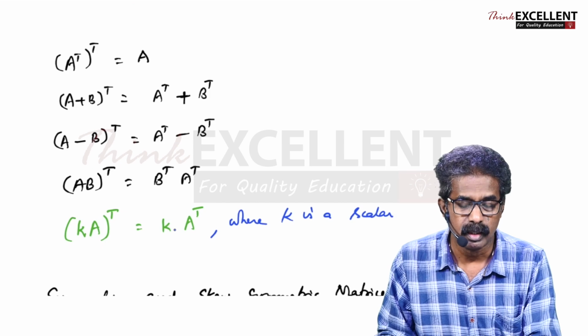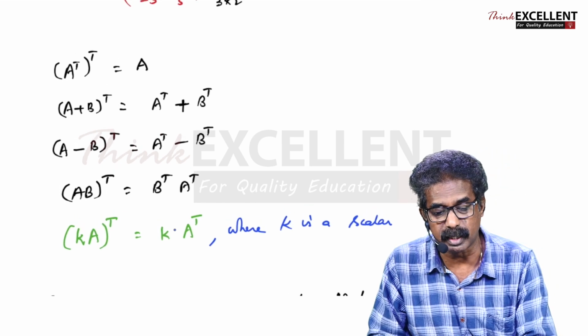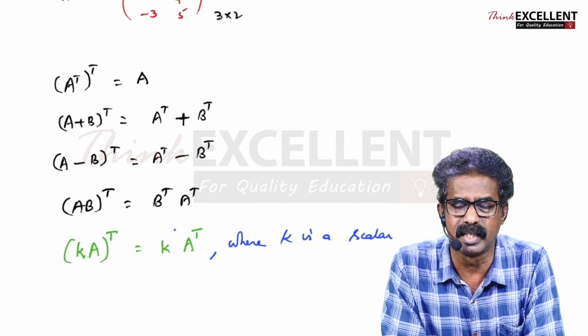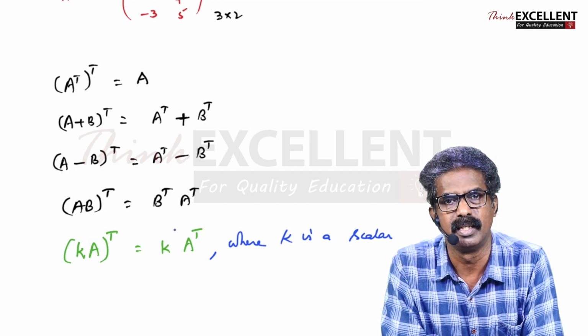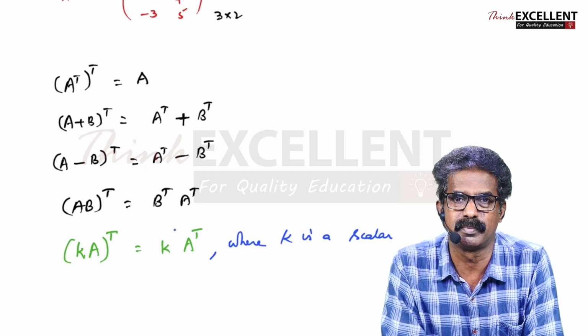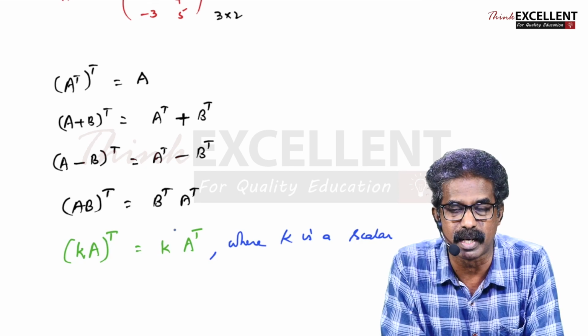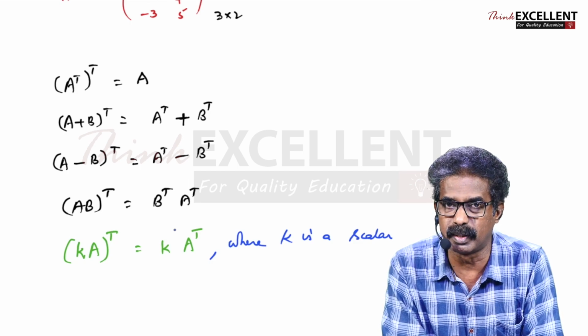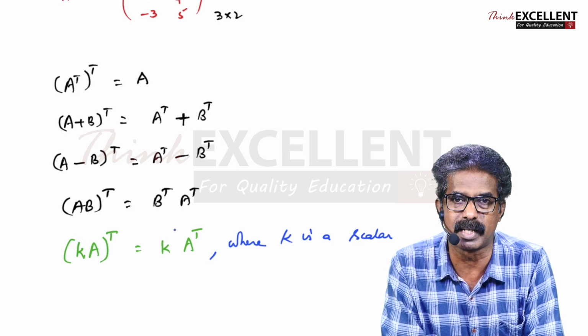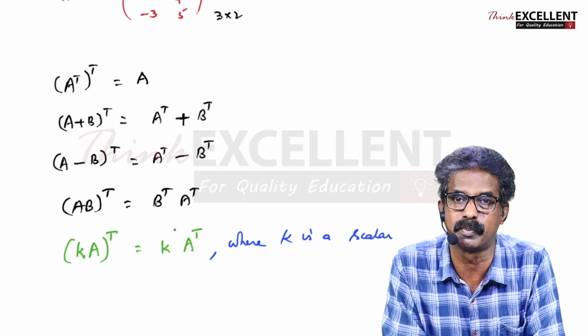Then symmetric matrix and skew symmetric matrix. One important definition is there. Suppose a square matrix is given. Let A be a square matrix. To check whether it is symmetric or skew symmetric, you find the transpose of the matrix. So you find A transpose.